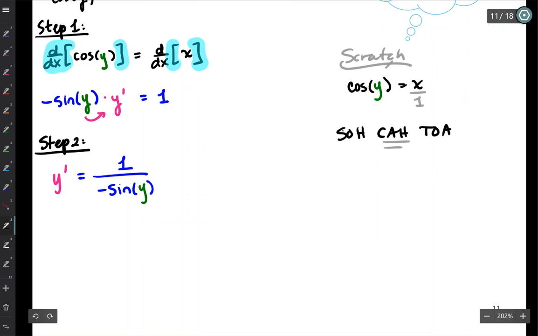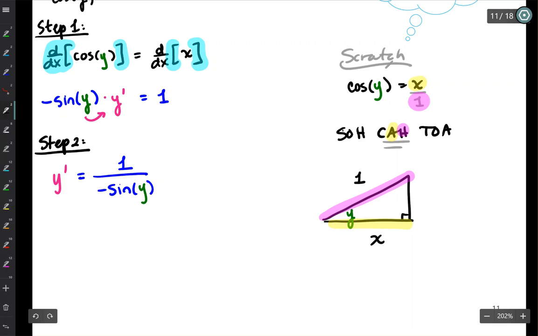So I'm going to go ahead and draw a right triangle. y here is my angle. Cosine of y is adjacent over hypotenuse. So adjacent is x and hypotenuse is 1.